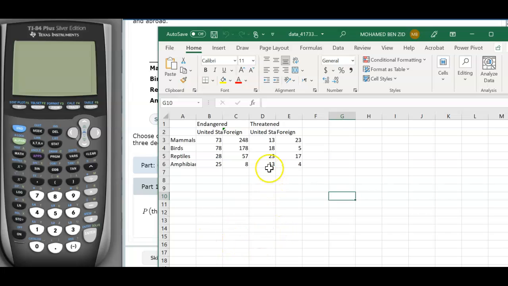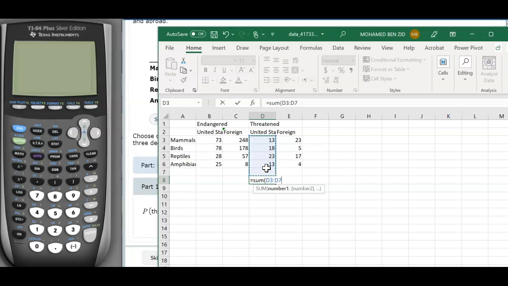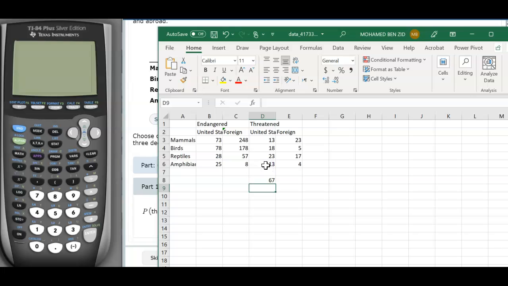If I want the sum of these numbers, I use the equal sign first, then SUM, open a parenthesis, and highlight all these numbers. This gives me the sum right away. Enter, and that's the sum, 67.